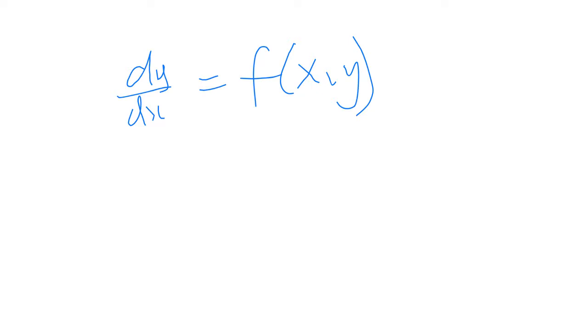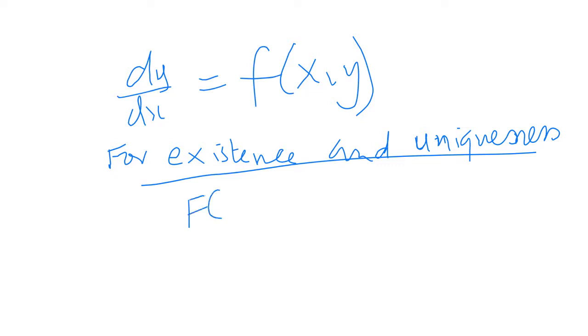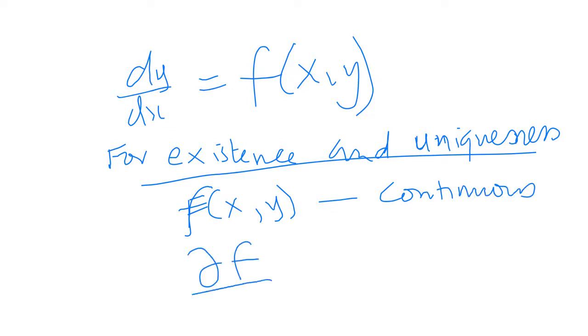For existence and uniqueness of solutions, you require that the function f(x,y) should be continuous, and that the partial derivative of f with respect to y should also be continuous.